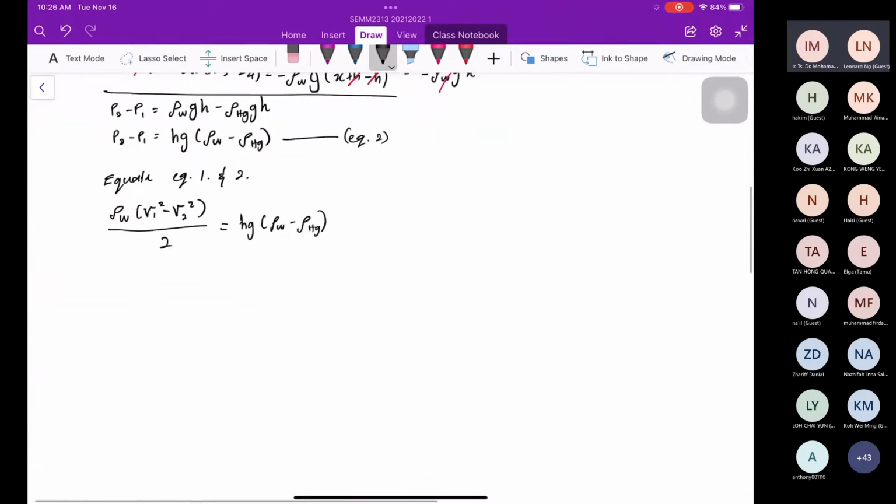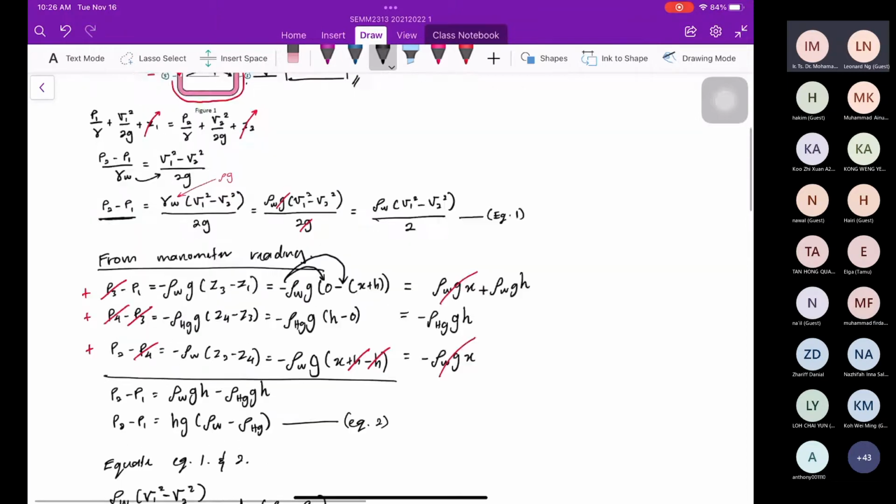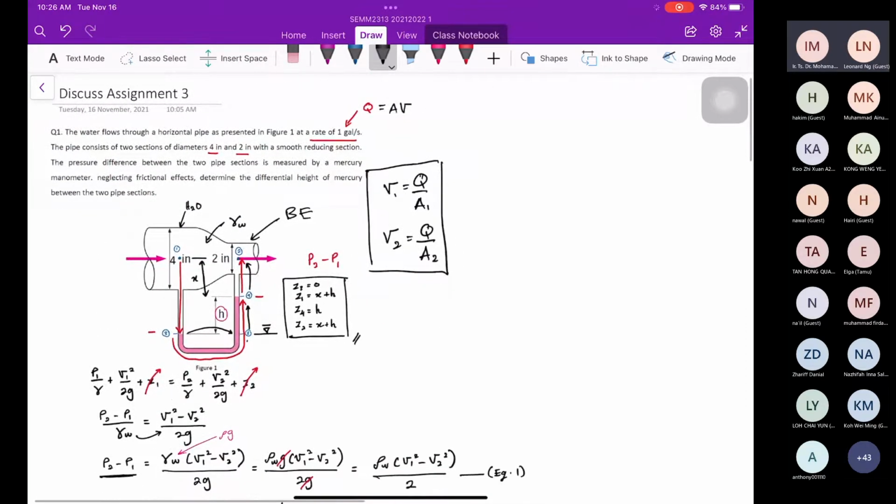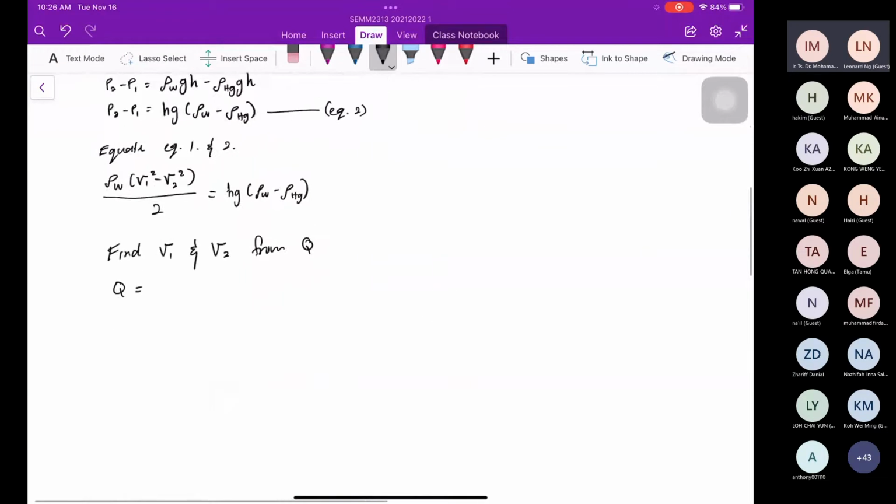So I want to find velocity 1 and velocity 2 from Q. So Q is 1 gallon per second.